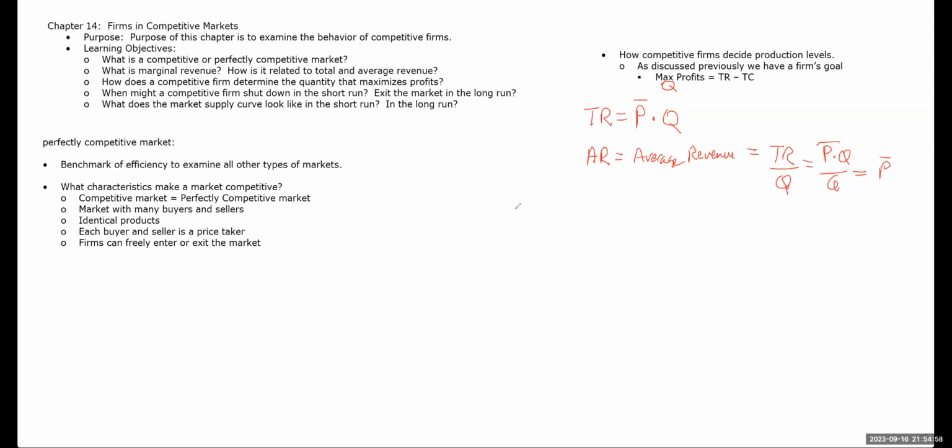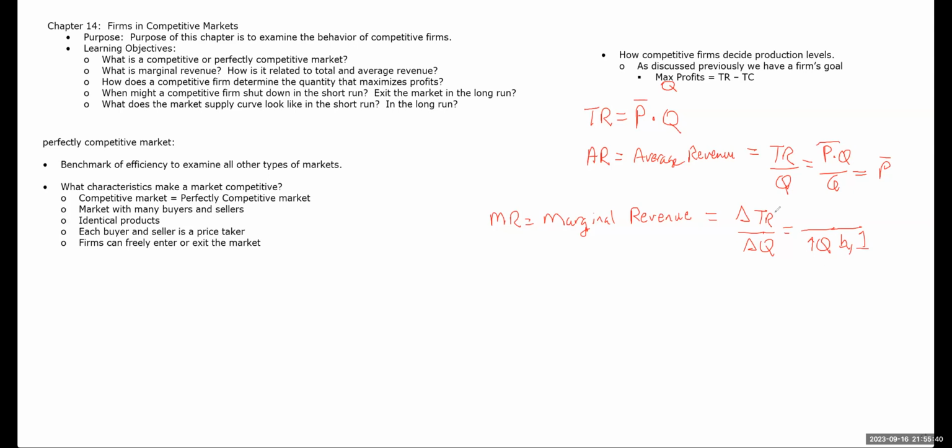And the next thing we're going to talk about is MR, which is marginal revenue. Marginal revenue is the change in total revenue by changing quantity by 1 unit. So I'm selling white t-shirts, and then I decide to sell one more white t-shirt. So I decide to increase Q by 1.